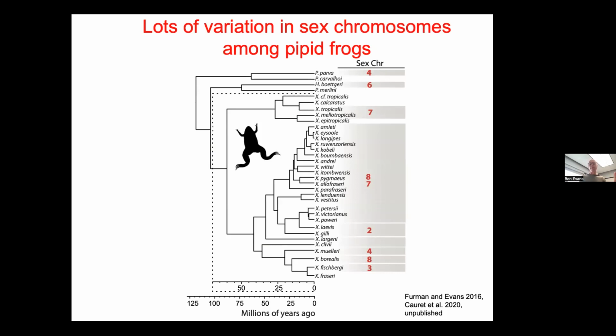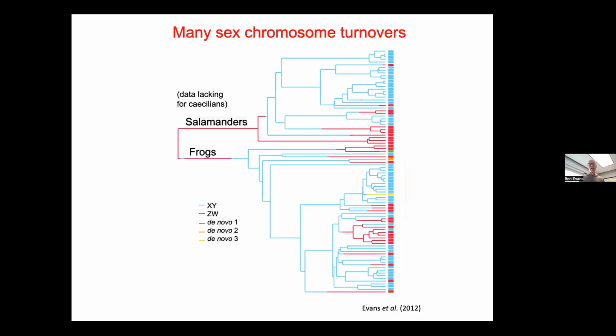So there's a lot of variation in sex determining region in these frogs, which again underscores the phenomenon of developmental systems drift, wherein we're seeing, even though all of these frogs have separate male and female individuals, each of them that we've looked at and managed to map the sex chromosomes, almost every single one of them has a different sex determining region that has evolved independently.